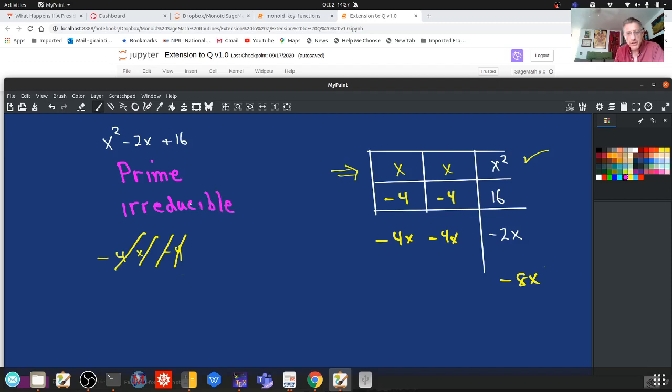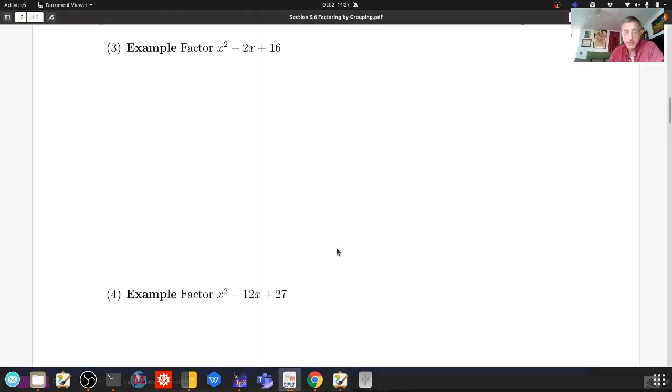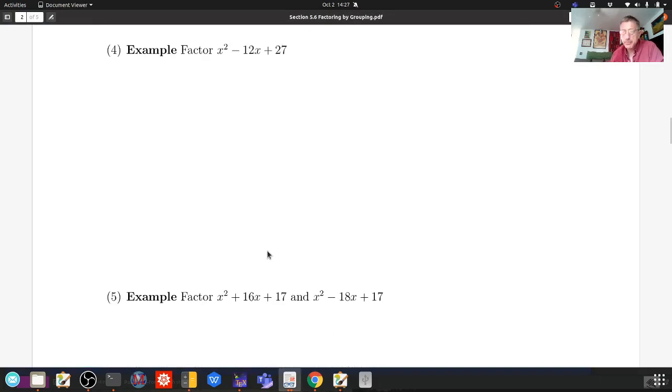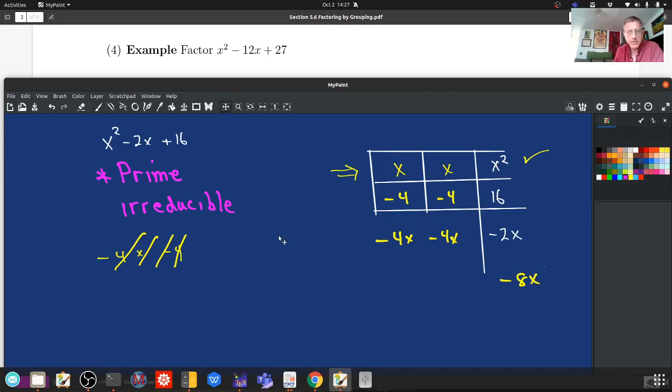If you're thinking about being a math major, keep irreducible in your back pocket, though I'm pretty sure your text always uses the term prime. Okay. So let's try another one. We discovered that that one was prime. So try to do this one on your own.